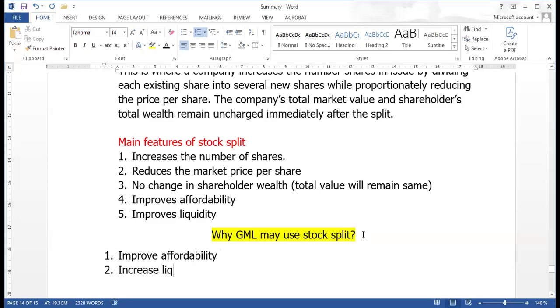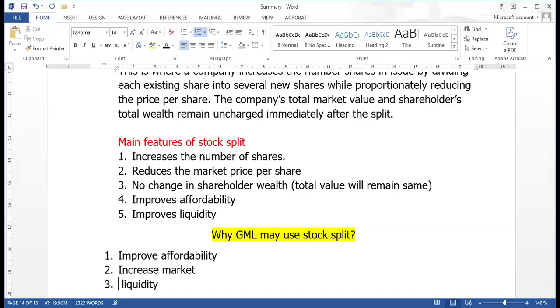Also, it improves the liquidity because lower priced shares attract more buyers and sellers, and all that increases trading activity. So this increases market liquidity actually. You are going to find that with low priced shares, more buyers will be there and more sellers will be there. And that actually increases the trading activity.